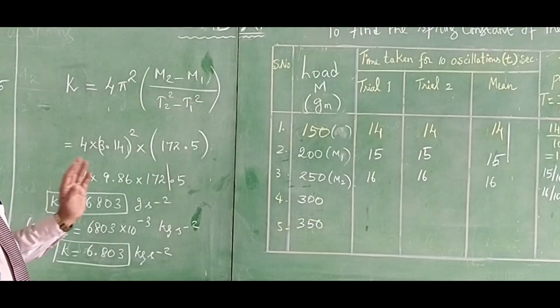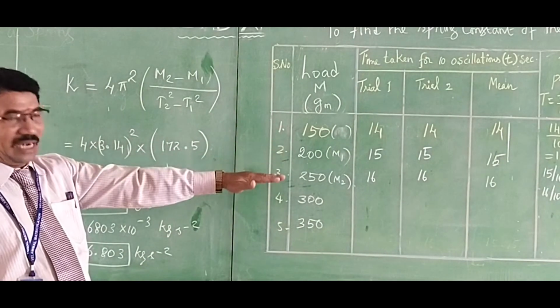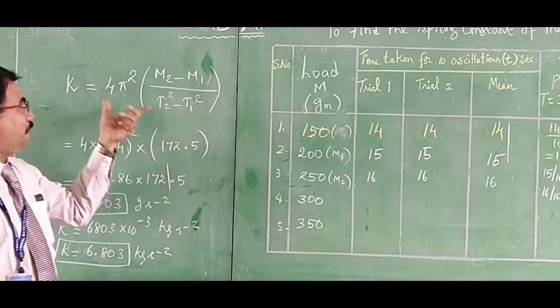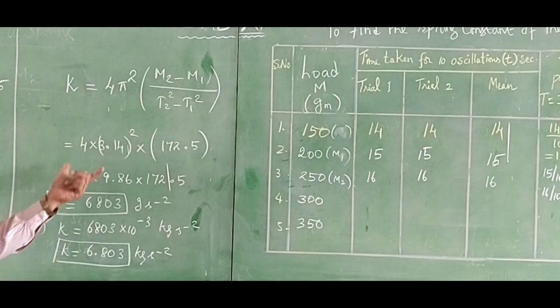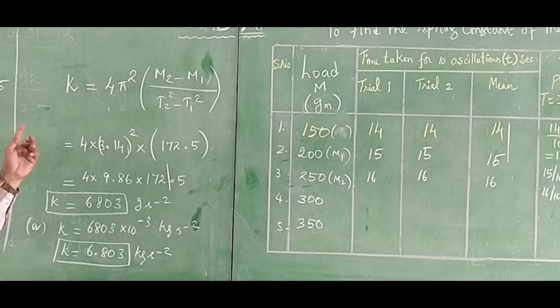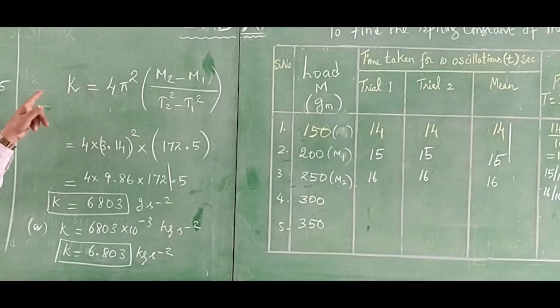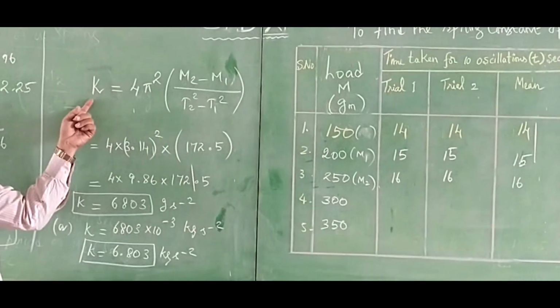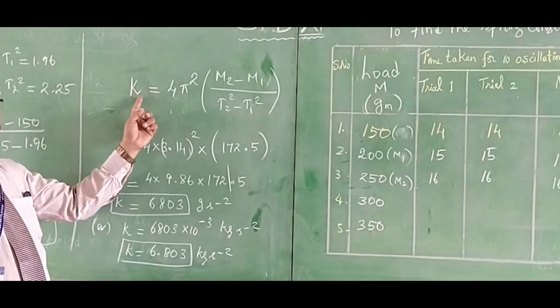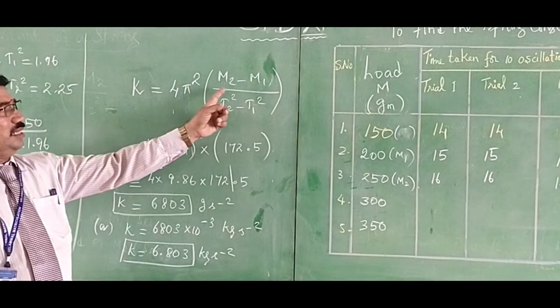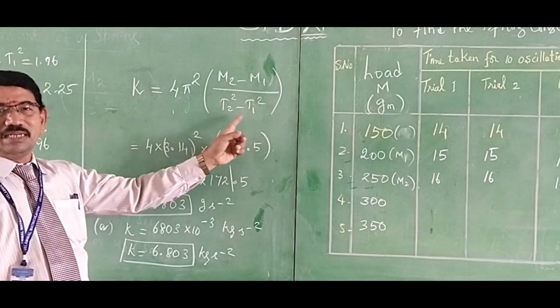Now, by taking these values, I am doing the final calculation. In the final calculation, we are going to calculate the instrument constant K value using the formula K is equal to 4 pi square times M2 minus M1 by T2 square minus T1 square.